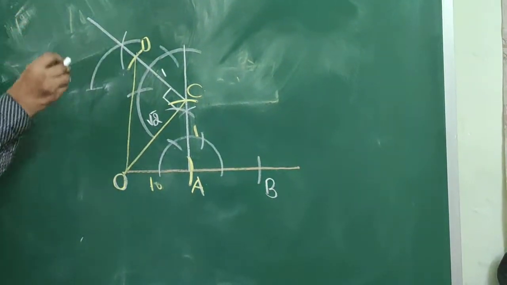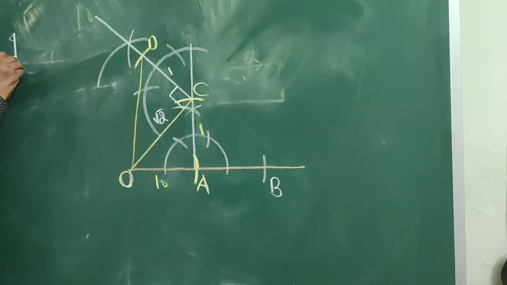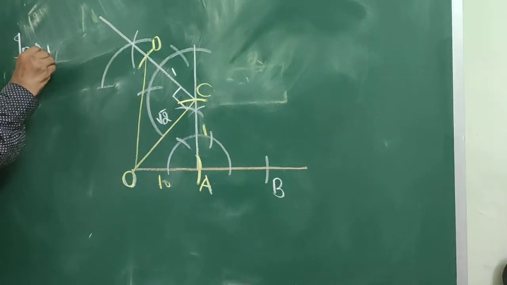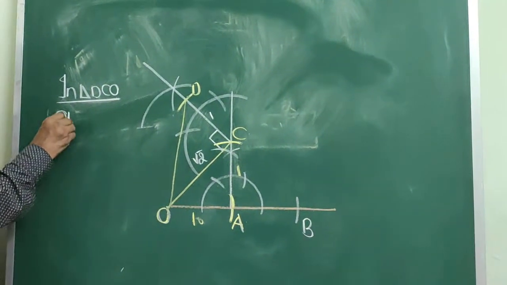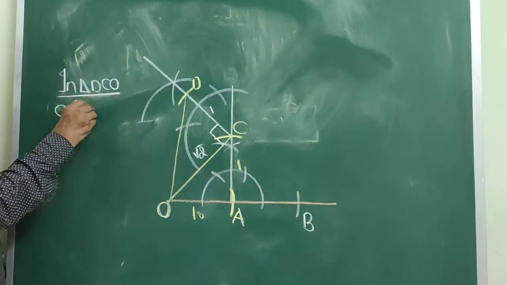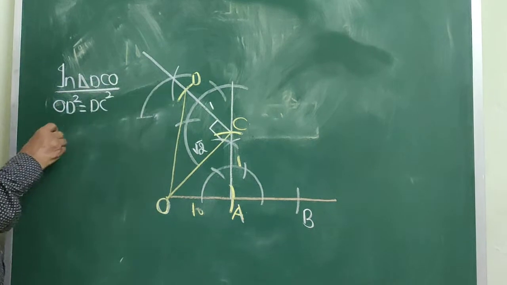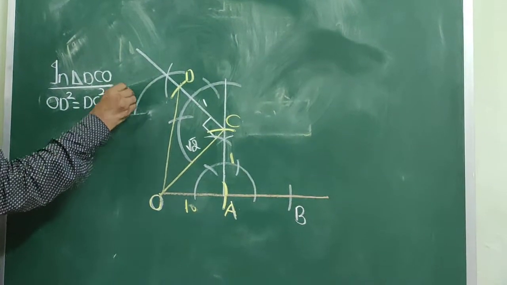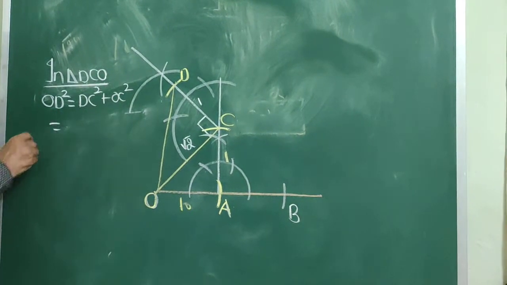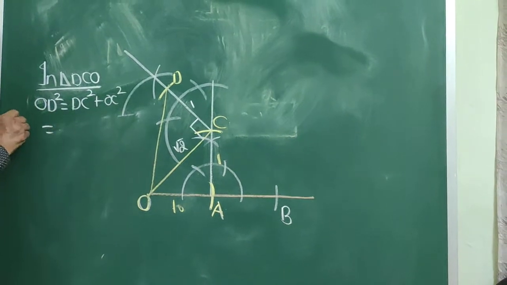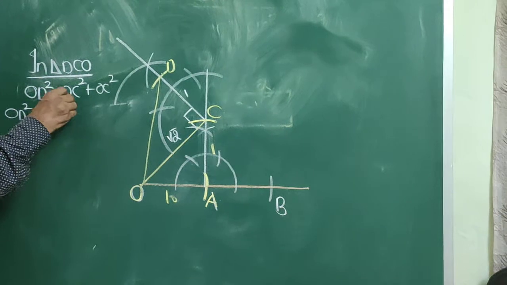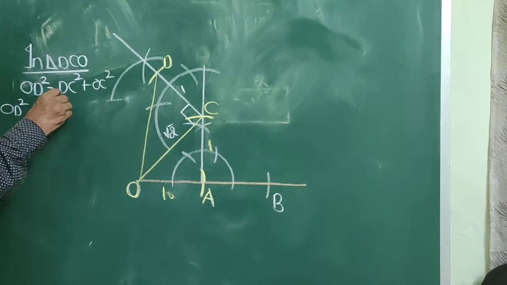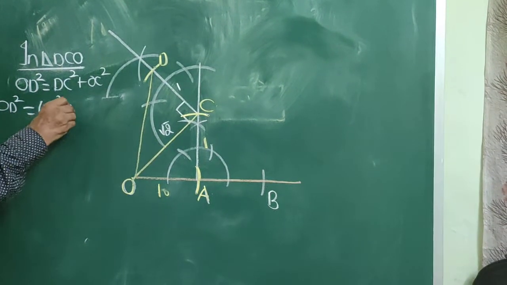So in triangle DCO, in right angle triangle DCO, OD square is equal to DC square plus OC square. If I apply the Pythagoras theorem, then DC is equal to 1 and OC is equal to root 2.